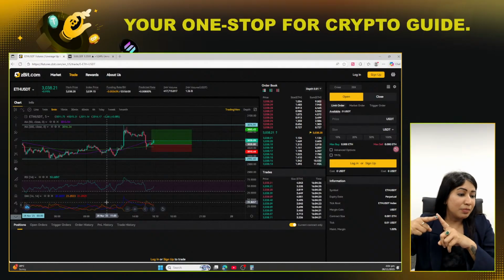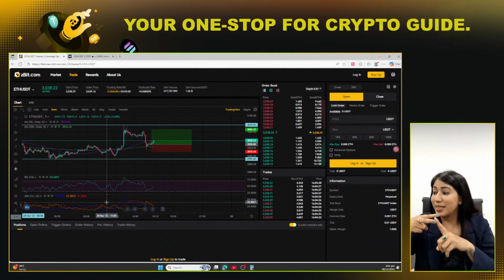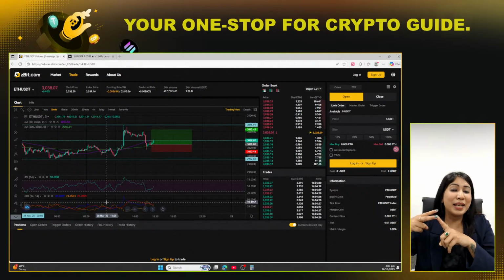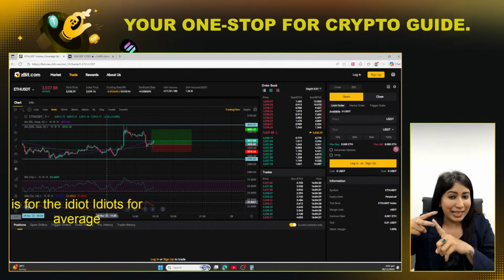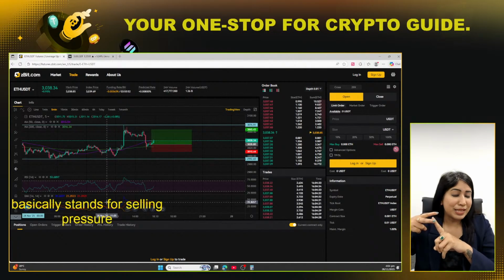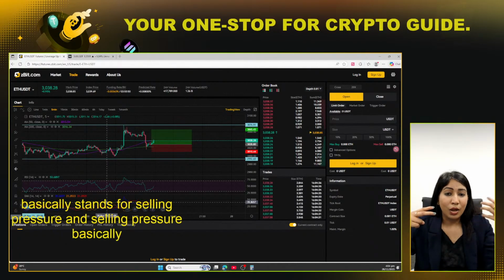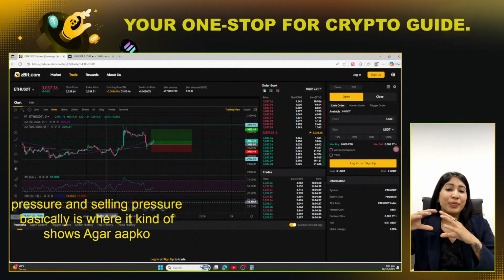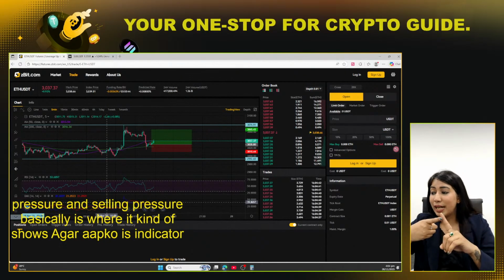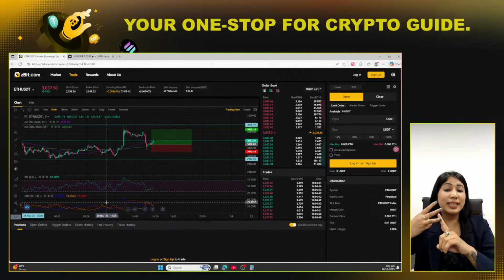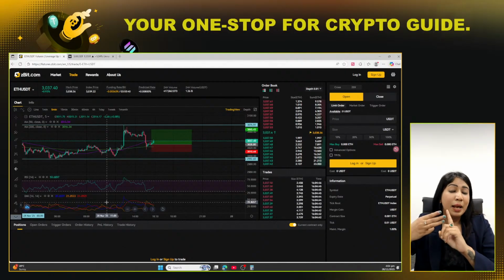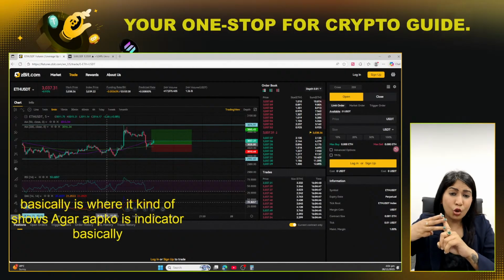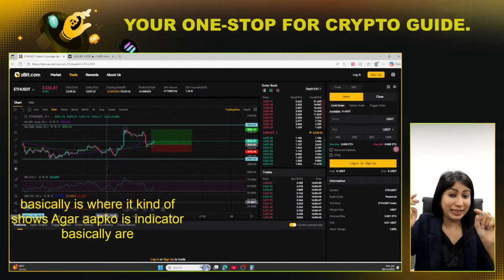And then comes the orange line, which is the DI minus line, and DI minus stands for selling pressure. If any parameter on this indicator, whether it is DI plus, DI minus, or ADX, any of these three, is above 25, then it is strong.